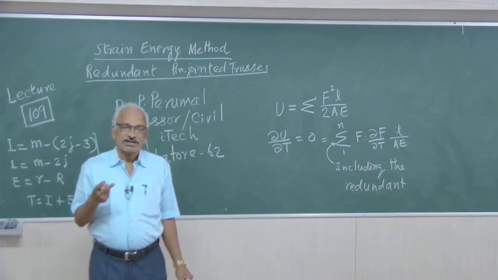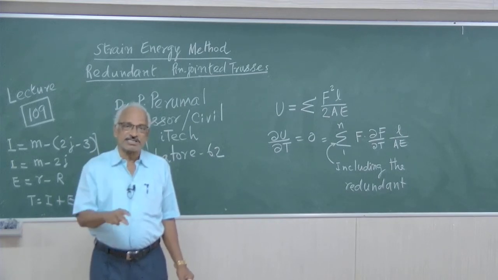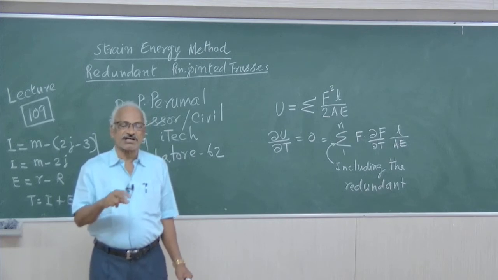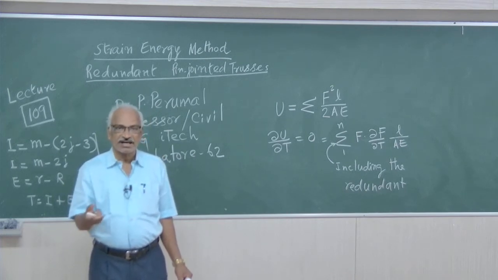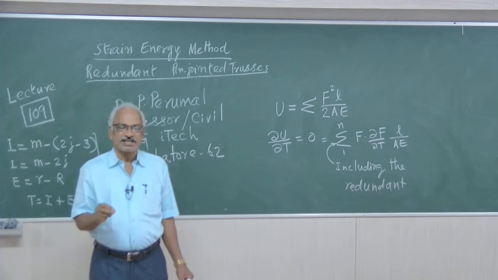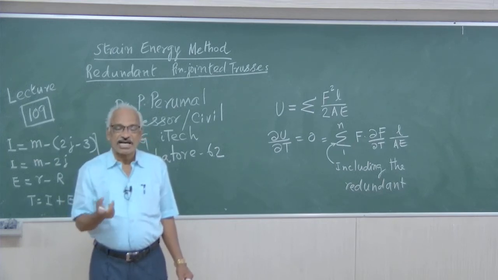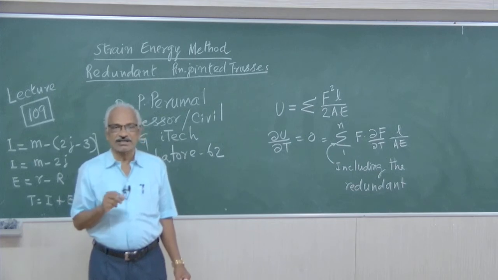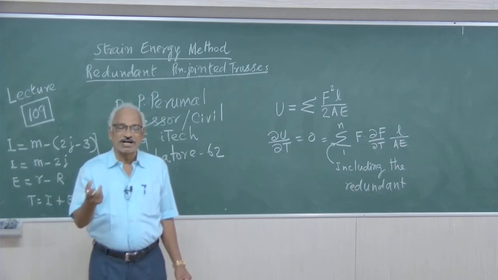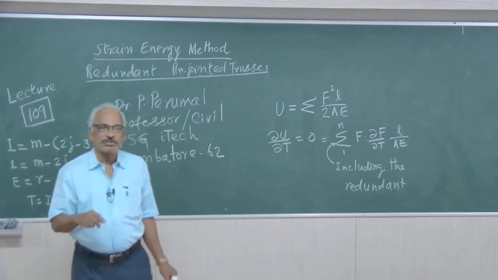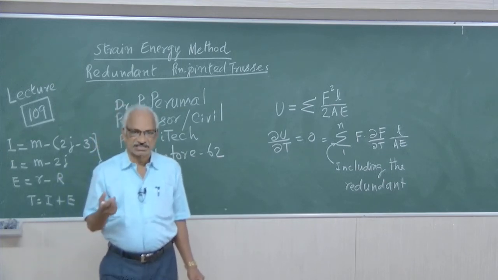So when we have more members, the structure is called internally redundant. But a structure can be both externally redundant as well as internally redundant. There may be one external redundancy and one internal redundancy. So we must be able to analyze any type of structure.